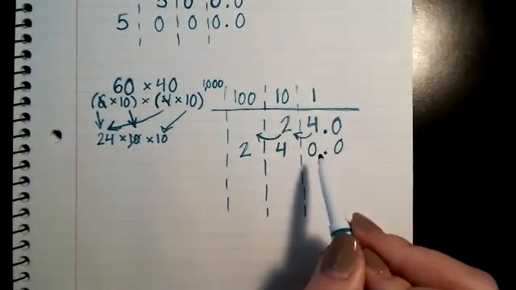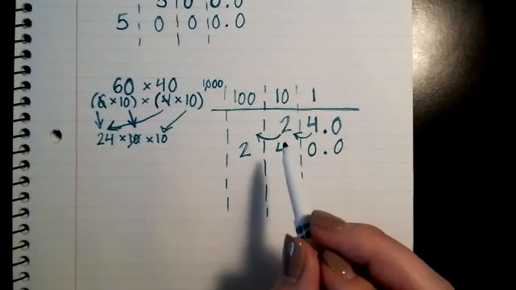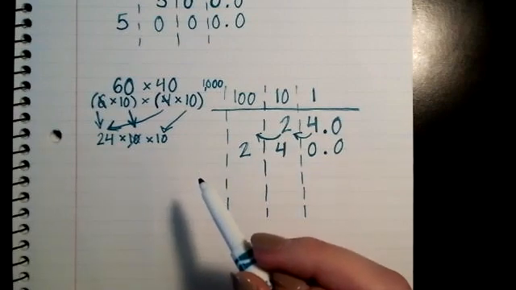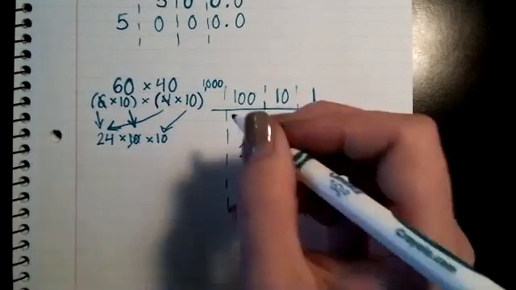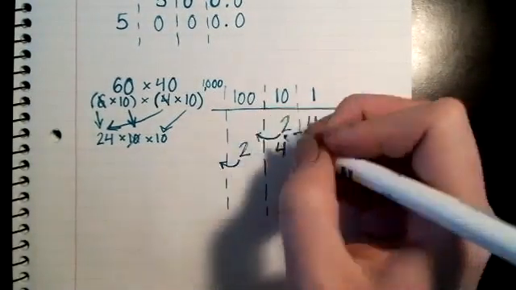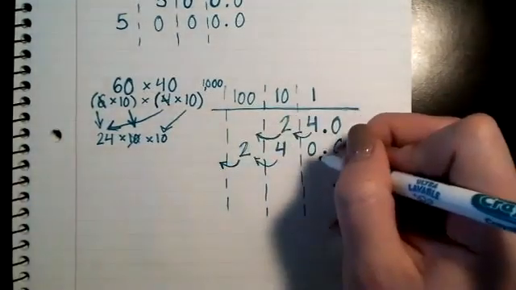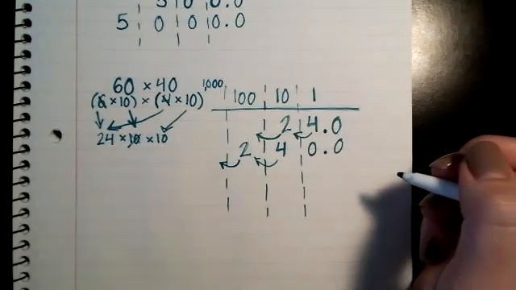All right, now I have 240 and I have to multiply that by 10. So again, I need to scoot all of these numbers over to the next place value. So my 200 is going to scoot over to the thousands. My 40 is going to scoot over to the hundreds, okay? And then I'm going to have to fill in whatever's left with a 0.